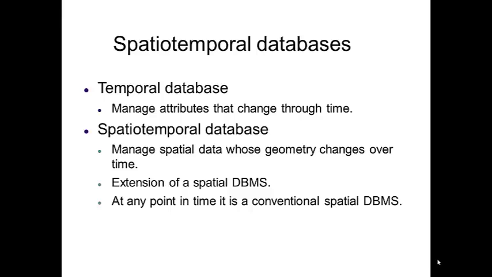And they are generally, if not entirely, extensions of spatial database management systems, extensions of relational database management systems. So you add time in on top of your relational model or your spatial relational model.